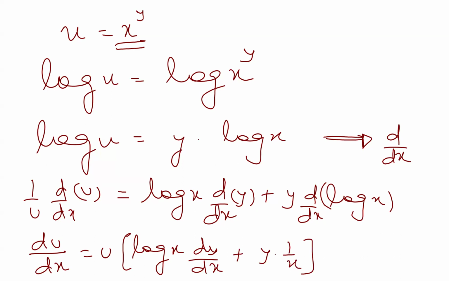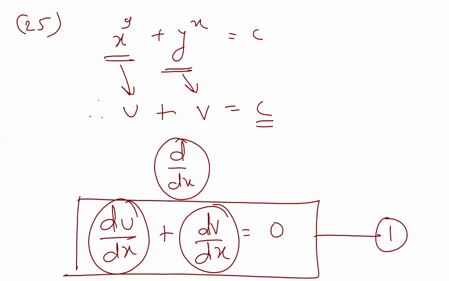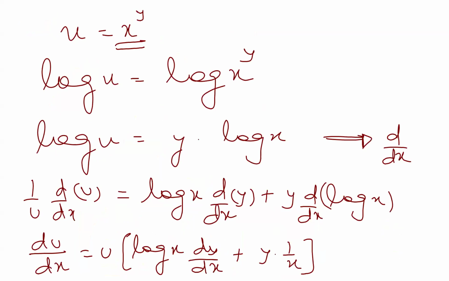How did you get u as x raised to y? Because I assumed it. u is equal to x raised to y. Till here, I think things are pretty clear.